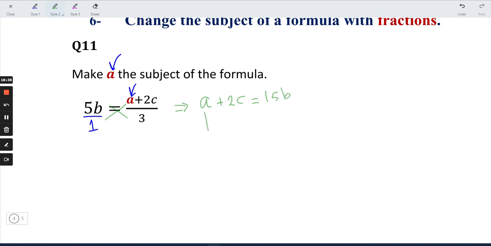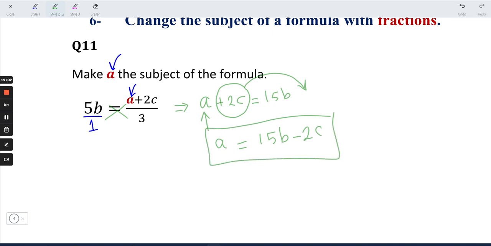We need a, as we said before, so a equals 15b minus 2c. Because if you are going to move this term, and this term is positive, and move it to the right hand side, you have to change the sign from positive to negative, or from negative to positive. So at the end we'll get a in terms of b and c.